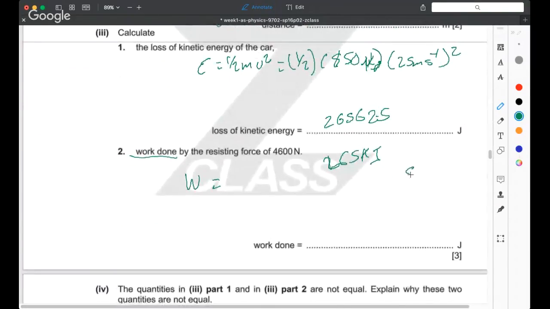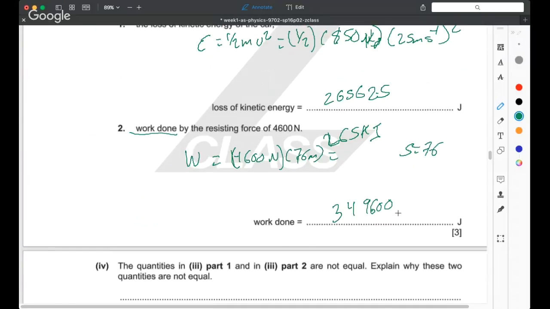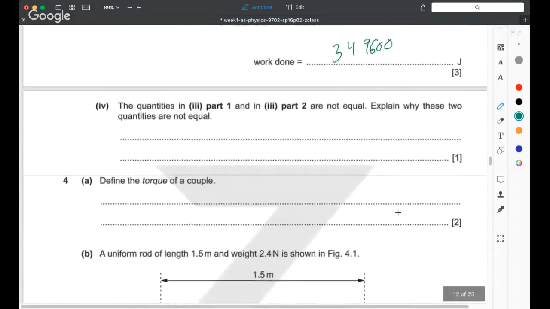So it's 4,600 newtons times 76 meters. The numbers look bigger because it's in joules. Joules is quite a small unit.